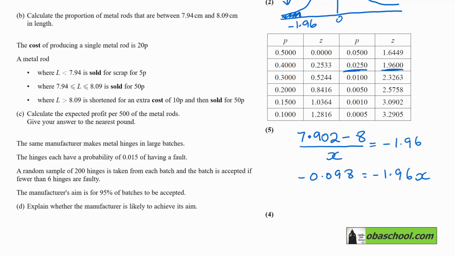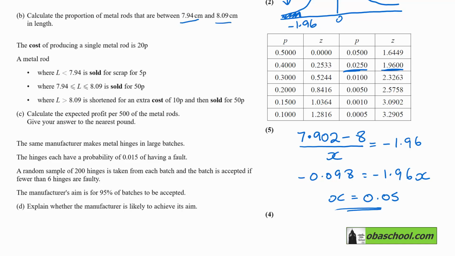The negative 0.098 is 7.902 take away 8. And therefore x is going to be negative 0.098 divided by negative 1.96, which is 0.05 as required.